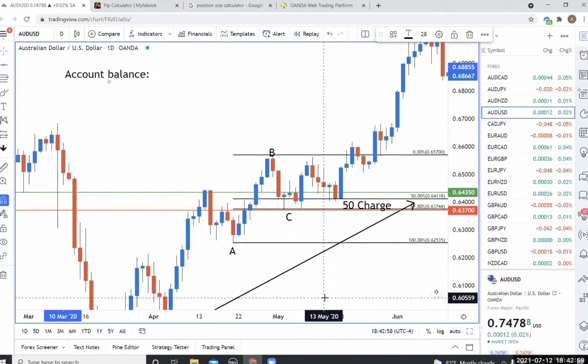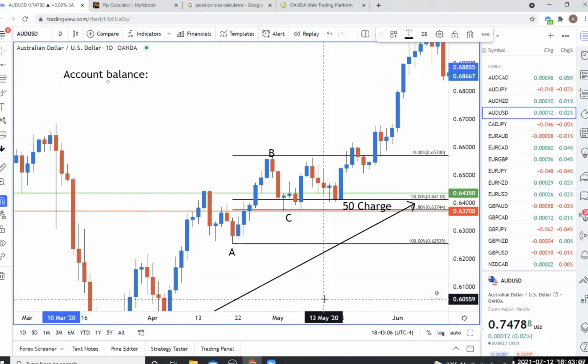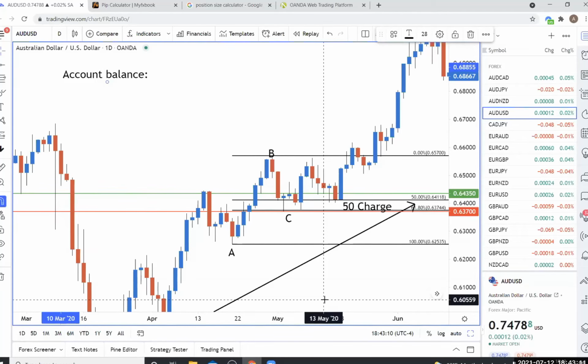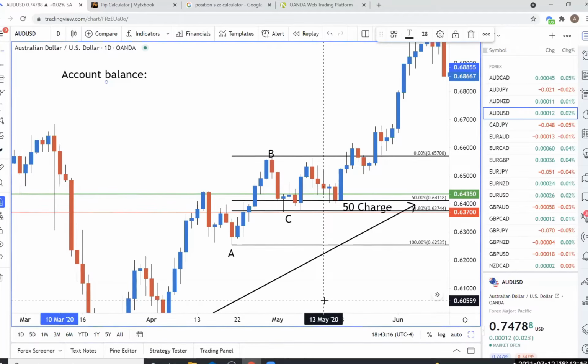And the number that I like to use is the amount of cash without any unrealized profit or loss, right? So I only consider the realized profit and loss along with whatever cash that I've had in that account. So the balance is going to give you that.